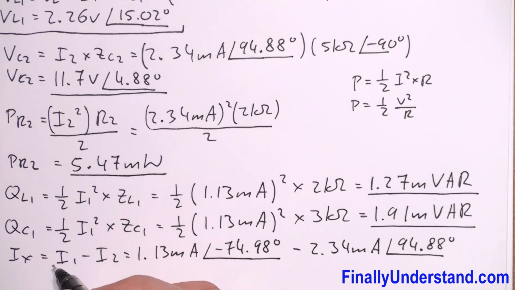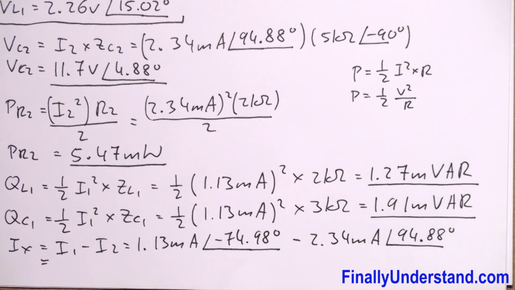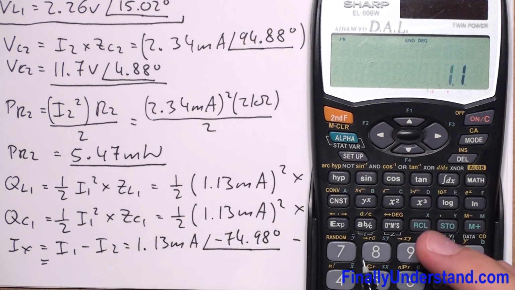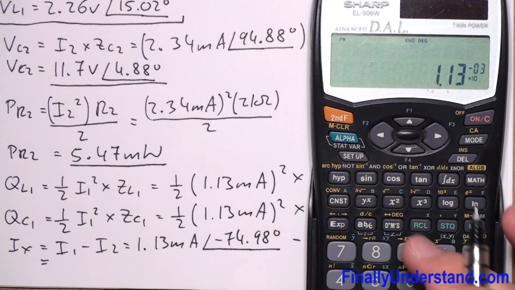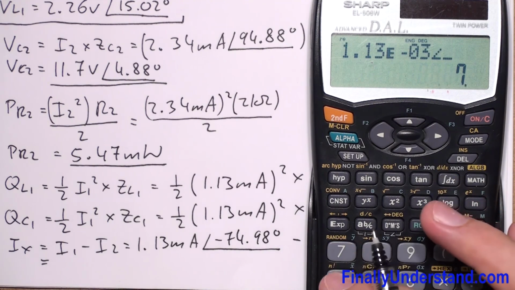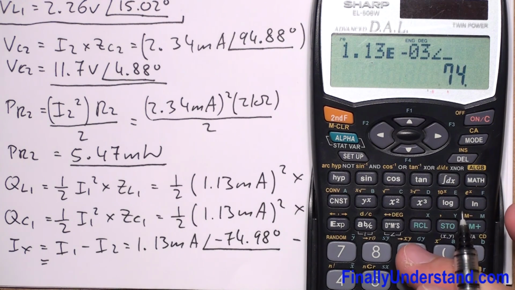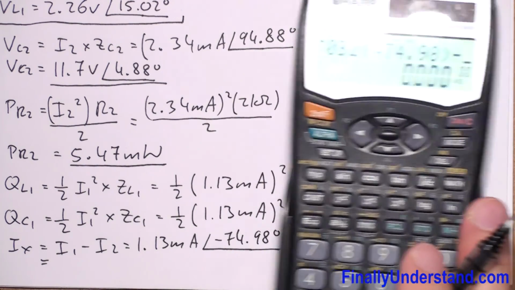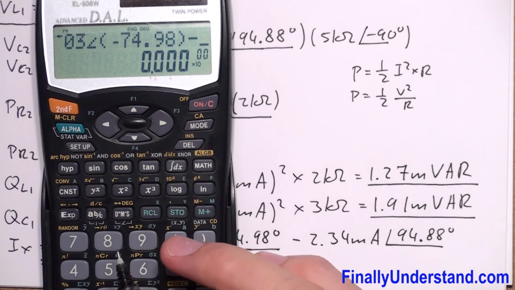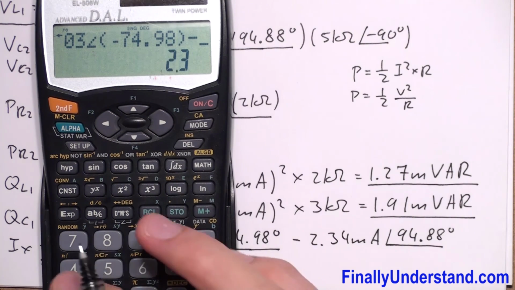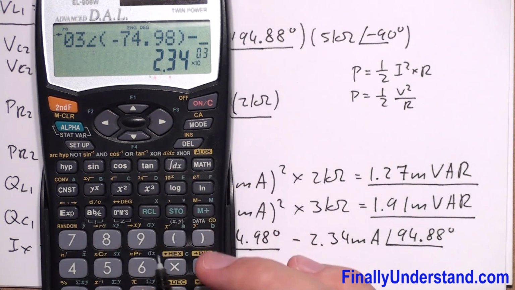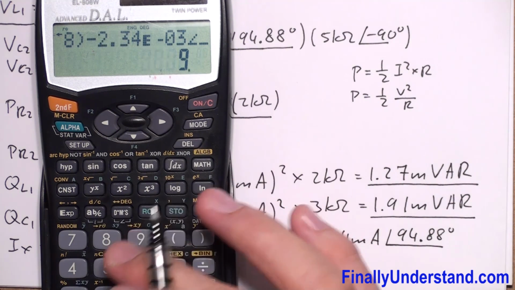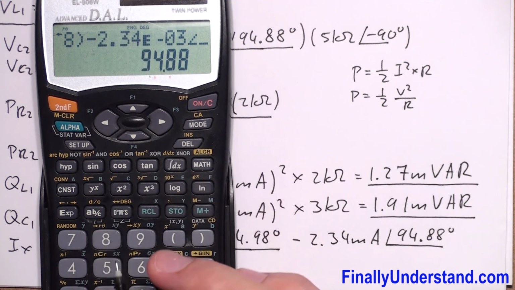So this is equal, I have 1.13 exponent 3 negative and angle of 74.98 negative, minus 2.34 exponent 3 negative and angle of 94.88.